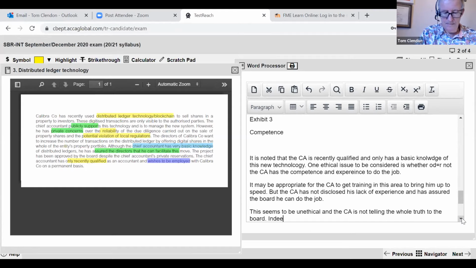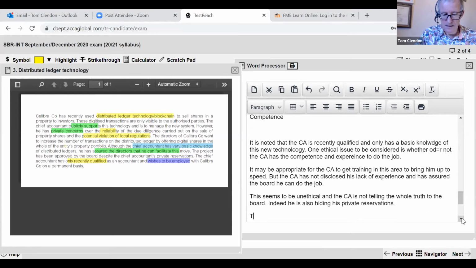Indeed, he's also hiding his private reservations. This may be because he wants to secure employment with the company.